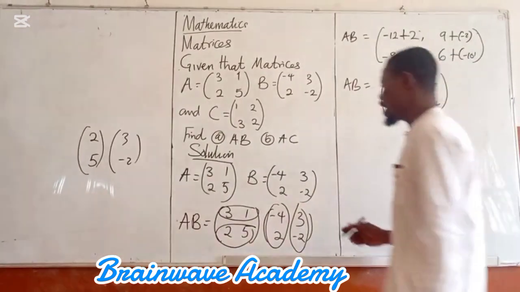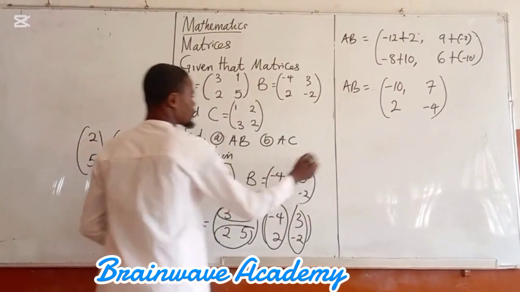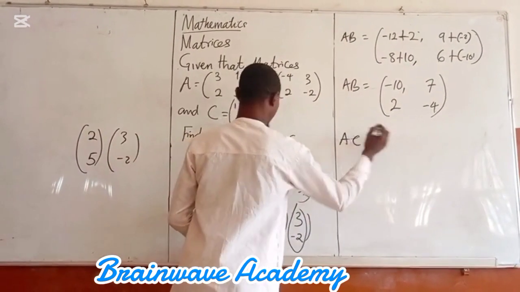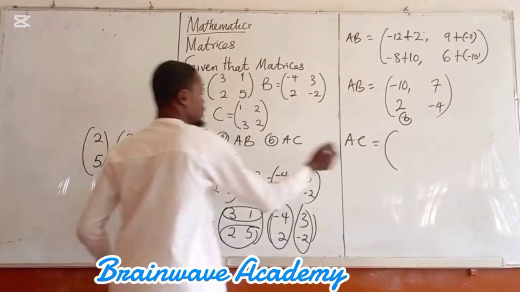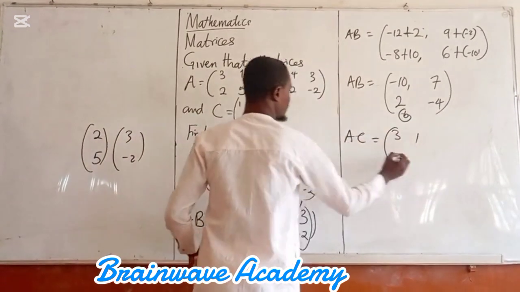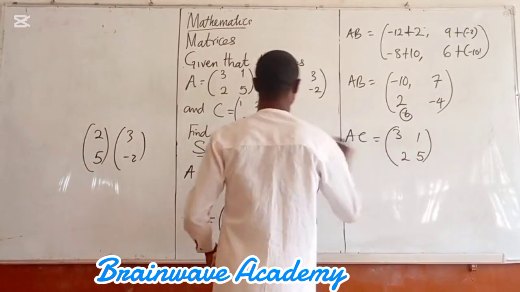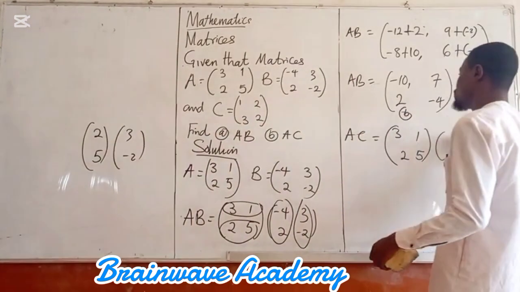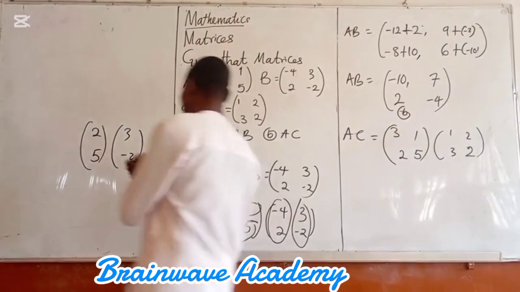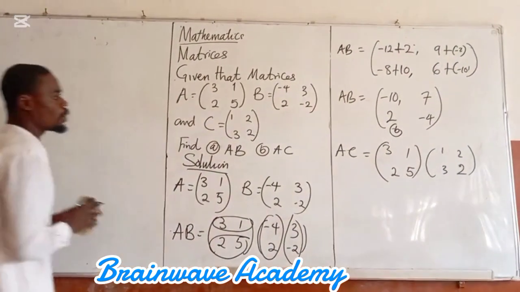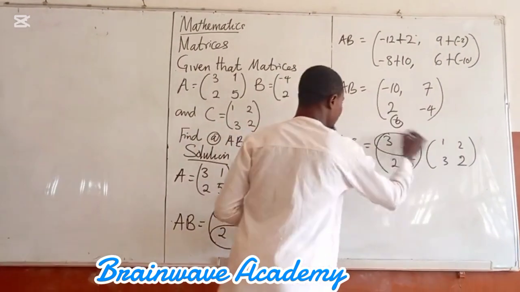Now let's try AC. AC is equal to A, which is [3, 1; 2, 5], times C, which is [1, 2; 3, 2]. Same method, very easy. The first row is 3 and 1.